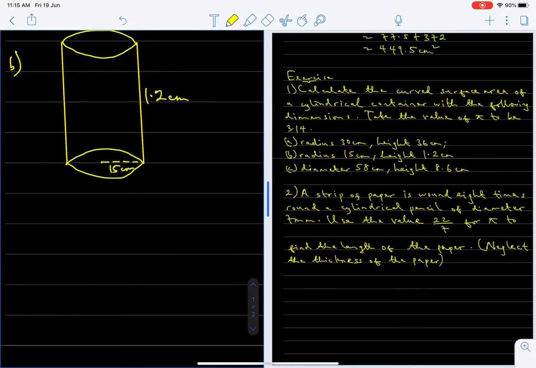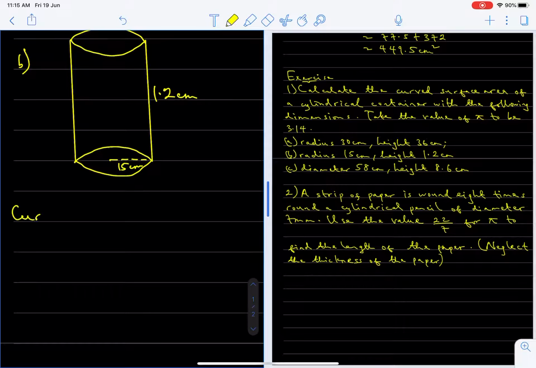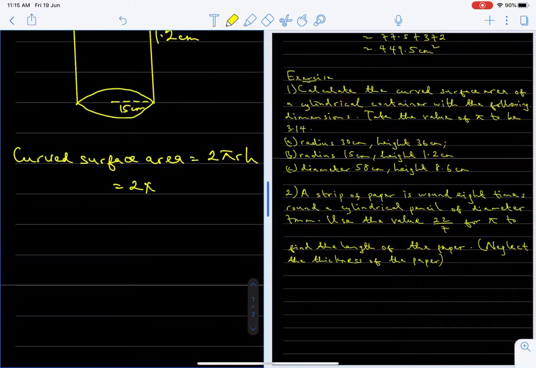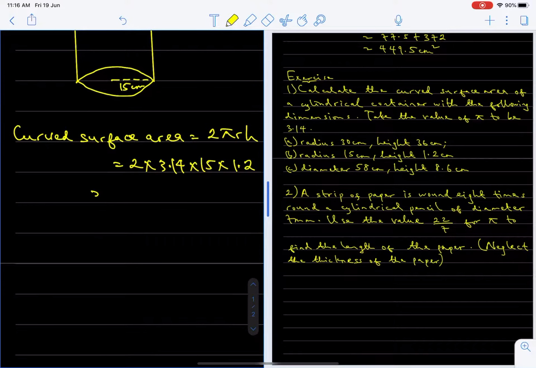So, what's going to be the curved surface area? We're using the same formula. Curved surface area equals 2 pi RH. And that's the same as 2 times pi, which is 3.14, times radius, which is 15, multiplied by the height, which is 1.2 centimeters.